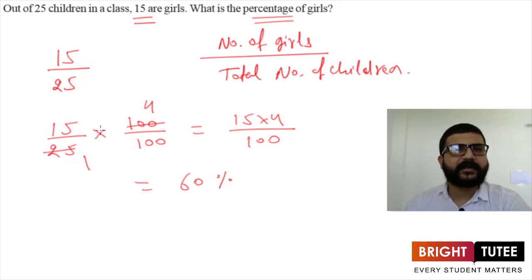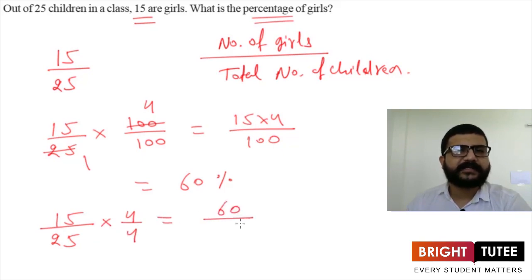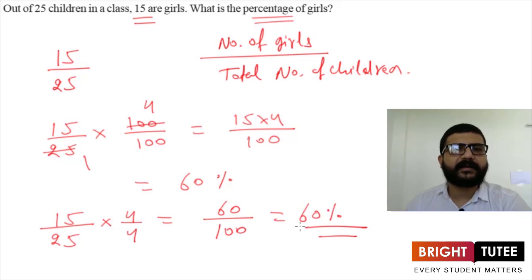What else we could have done here? See here, the fraction is 15 upon 25. Now what we need, denominator to be 100. So let's multiply this with 4 upon 4. We can do like this also. Now this will also give us 60 upon 100, which is equal to 60%. We could have done like this also. Or what else we can do?